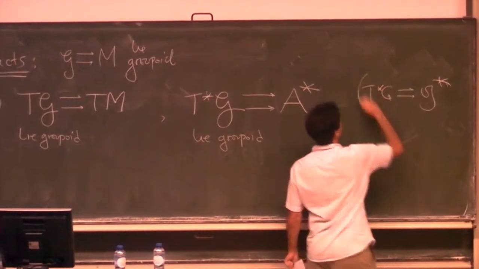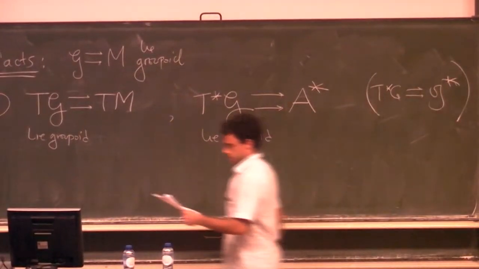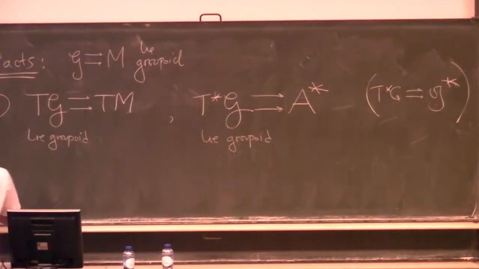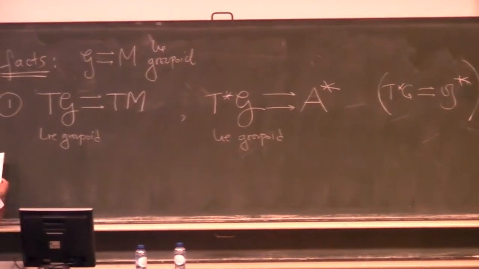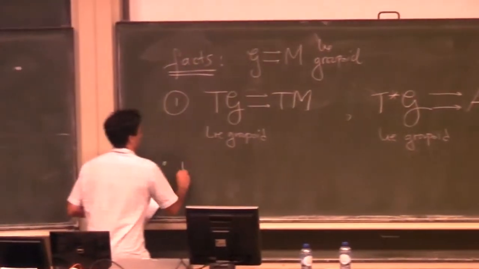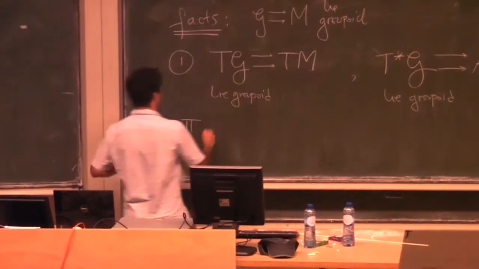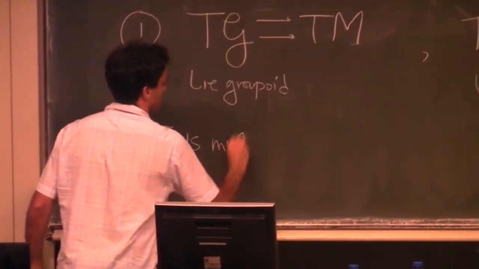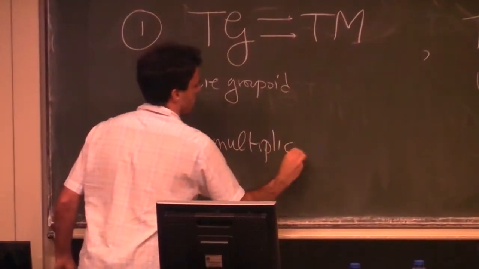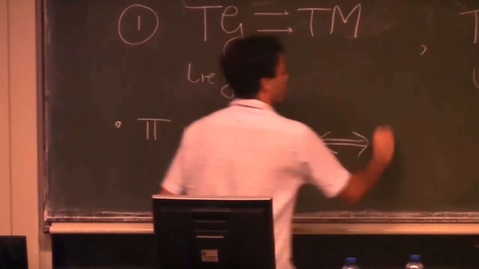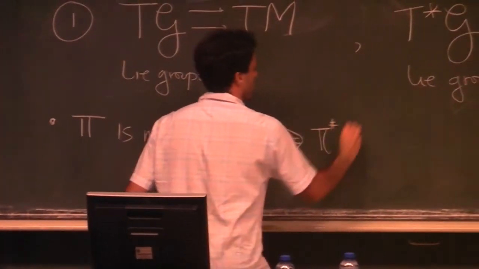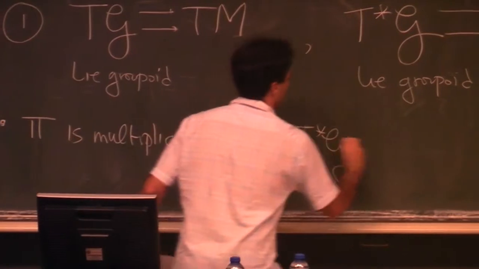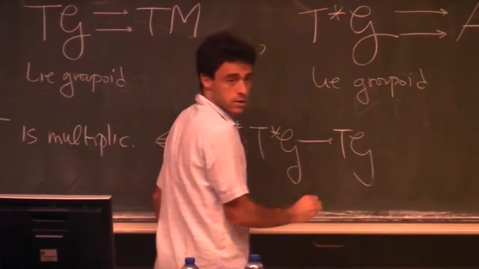And an important observation is that a bivector field is multiplicative if and only if the corresponding bundle map from T star G to TG is a groupoid morphism.